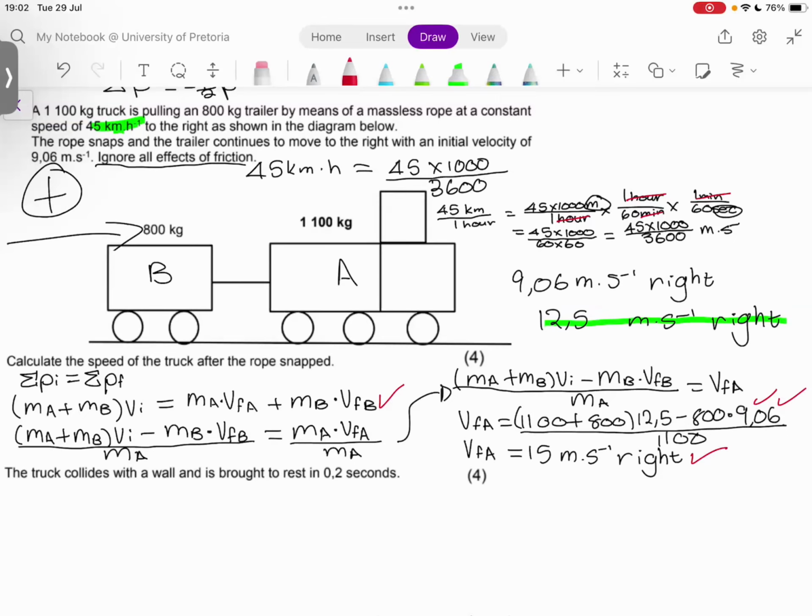Well, there isn't really a VF in this case because there wouldn't be anything acting on the system that would cause a change in velocity. Remember, we don't have any net or resultant forces acting on this, nor do we have friction acting on this system right here. This is an isolated system. That's why we use the principle of conservation of linear momentum.